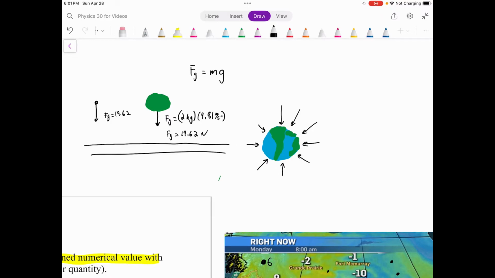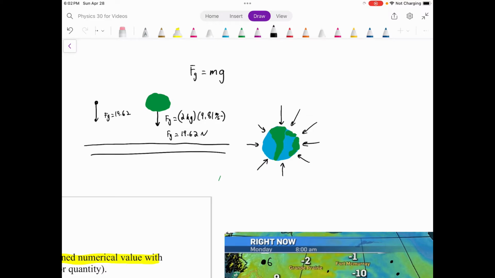We just say, okay, sure, we don't necessarily know what object we're thinking about feeling a force there, and maybe we're not even thinking about a force there at all. In fact, we're just thinking about what the Earth's gravitational influence would be like at that location. So the easy fix is just say, how many newtons of force would it feel for every kilogram of mass it has, right? And then there we go.